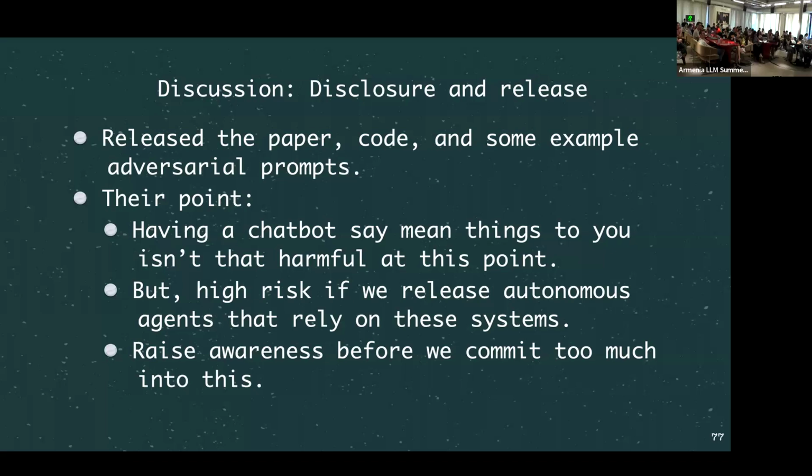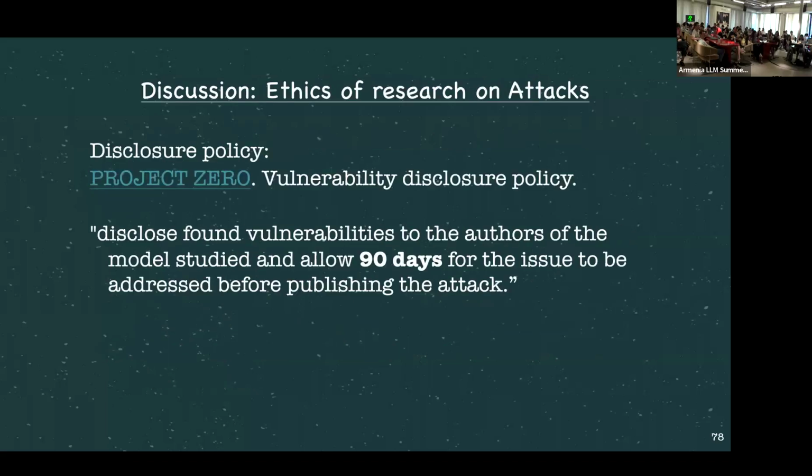At this point, having a chatbot that says mean things to you is not harmful. But it's more about showcasing the vulnerabilities of these models if we use them as agents. You saw yesterday, Alex talked a lot about agents, and if we use the same mechanism on agents, we can make these models do quite harmful things. So we want to raise awareness before we commit too much to applications and to models that are actually not robust.